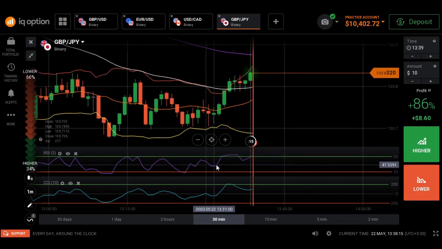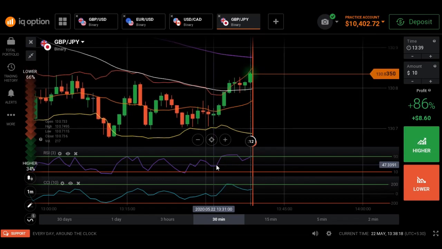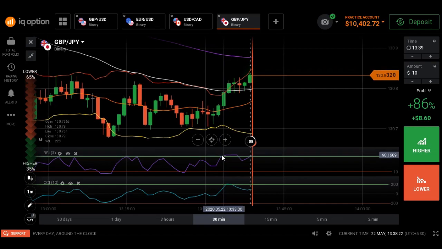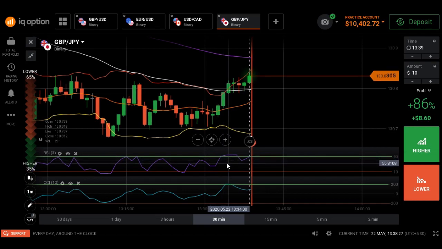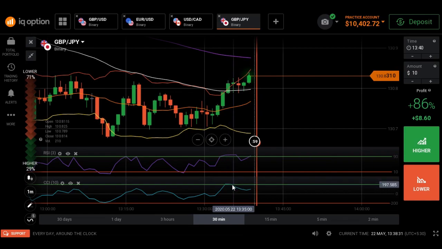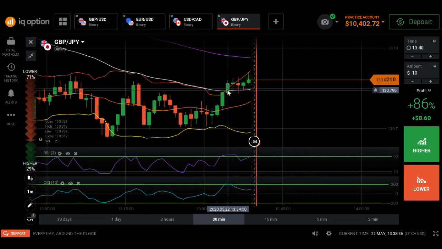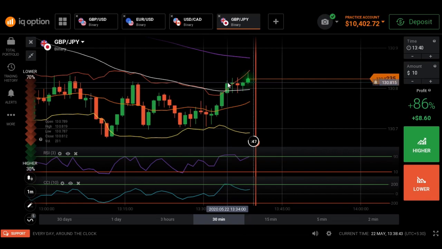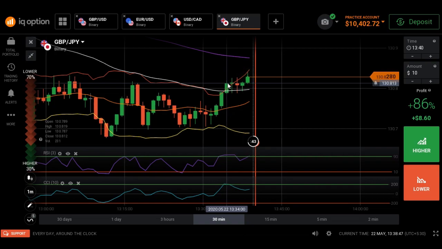So what we need is for RSI to touch this level and go above, and then come down. The CCI also goes up and then goes down, and the candle should close outside of the Bollinger Band. So that's how this strategy works.